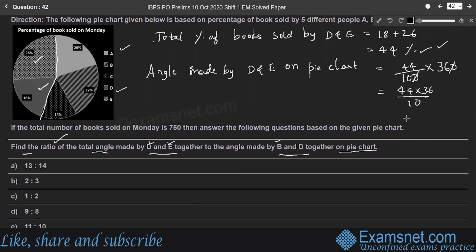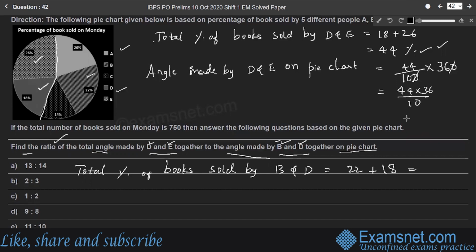So the next part is the angle made by B and D together on the pie chart. For that, the total percentage of books sold by B and D: B sold 22% of the total number of books, and D sold 18%.